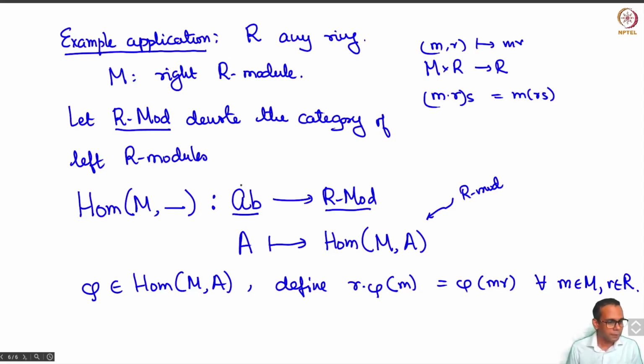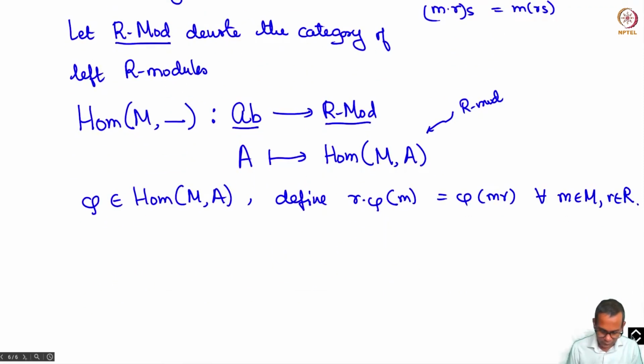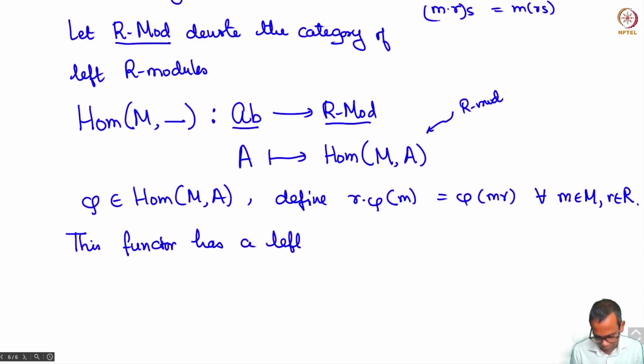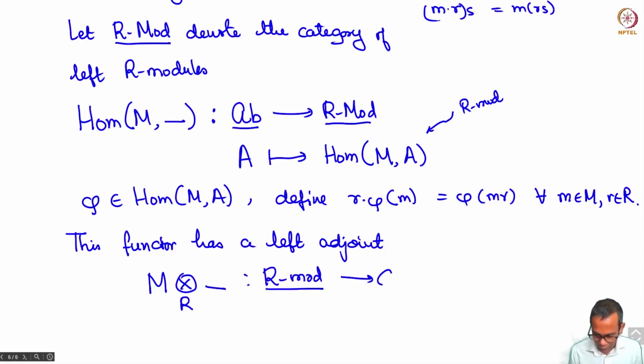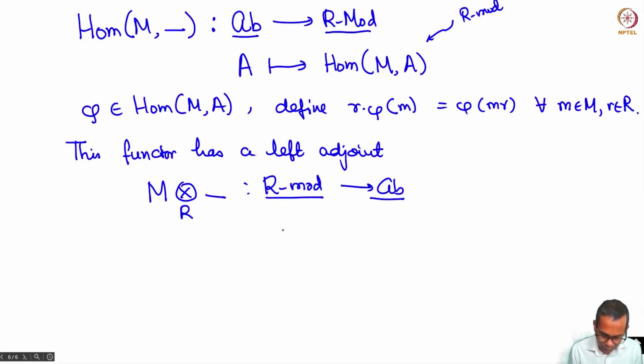And this functor has a left adjoint. That's a functor called tensor with M over R. This is a functor from the category of R modules to the category of abelian groups. And what it does is it takes an R module N and maps it to the abelian group M tensor over R N. This will be explained later in the course.